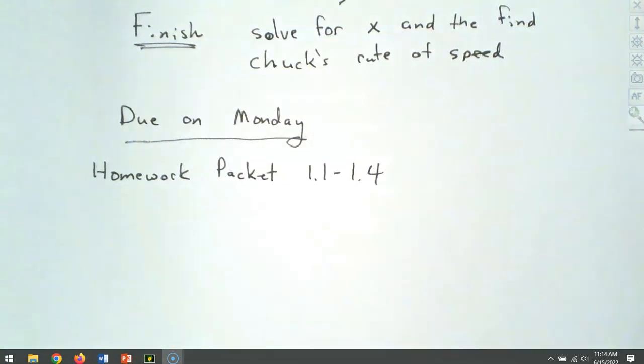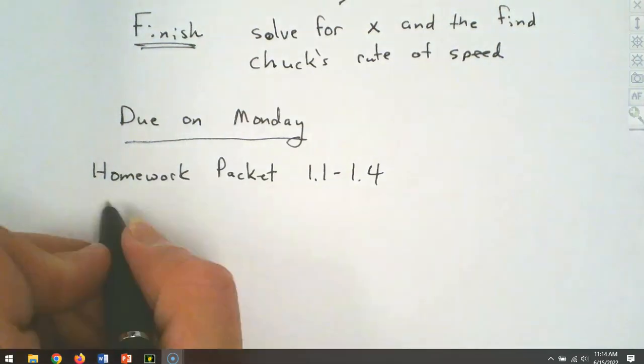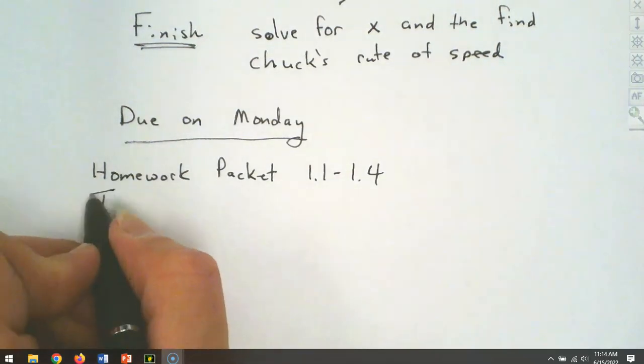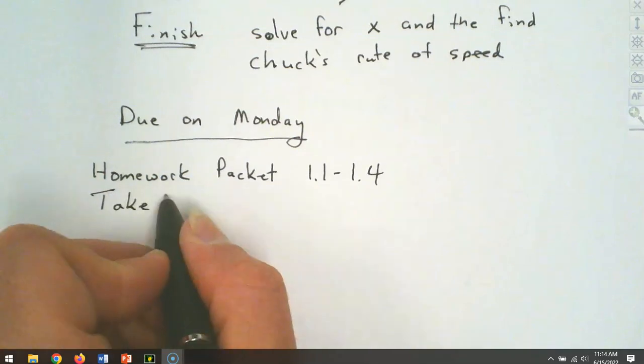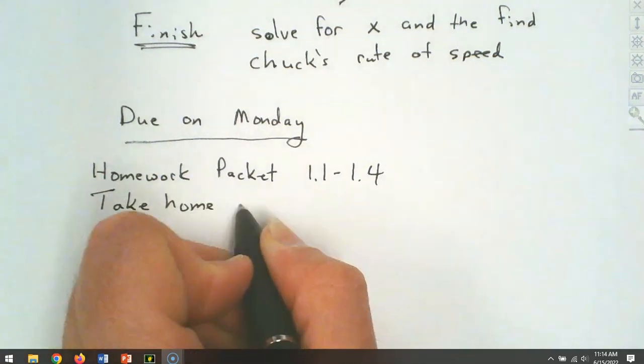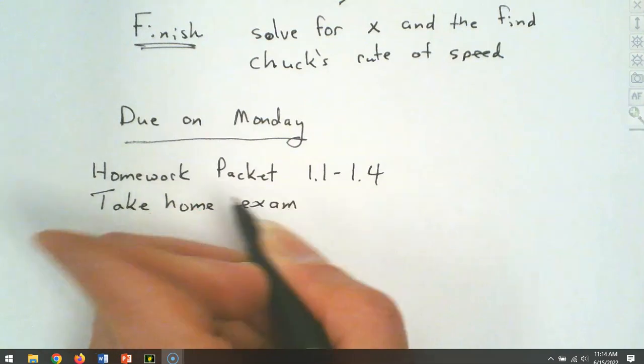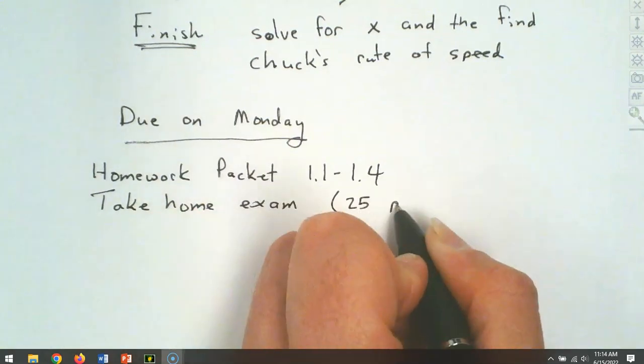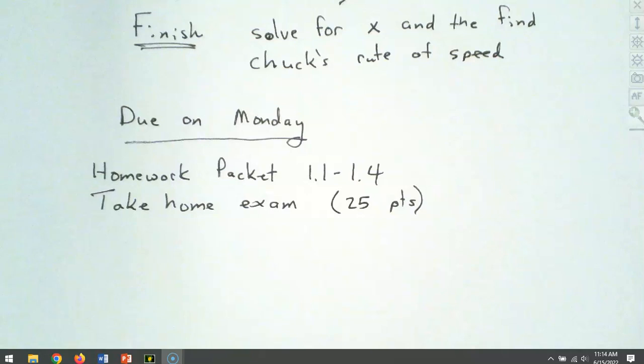So that's going to be due on Monday. You'll also get 5 points for completing that practice final. Also what's due is that take-home exam. And that's going to be worth 25 points. Make sure you turn that in as well.